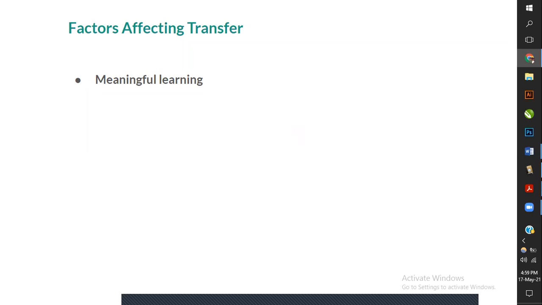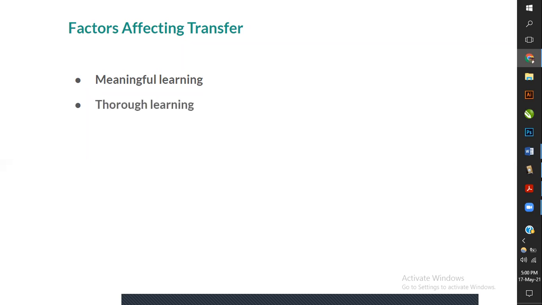I have no affect for agriculture, right? And that may hinder my ability to transfer my mathematical knowledge onto agriculture. I may not see the connection between my 2 by 2 squares, or my area, or my multiplications. I may not see the use of it when I engage in agriculture. So meaningful learning would be something that I am very interested in, where I can find skills that I can use to generate transfer.